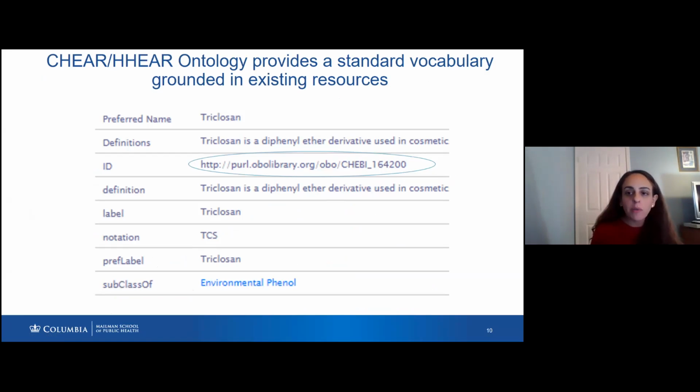But I also want to talk about, let's say there's a study that had pre-measured triclosan, and they deposit their data with HHEAR. Well, let's say they've called their variable T1. How do we know that that's triclosan? Normally, we have to go to a data dictionary, right, and look it up. Okay, T1 means triclosan measured at a certain point. We do that for you. We map to our terms for triclosan.